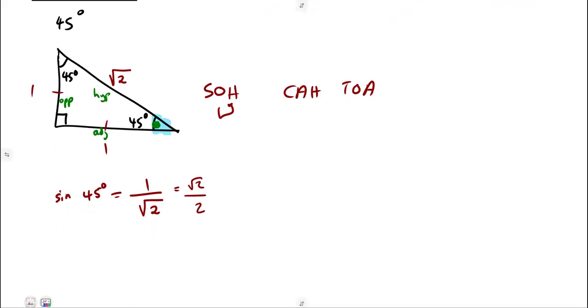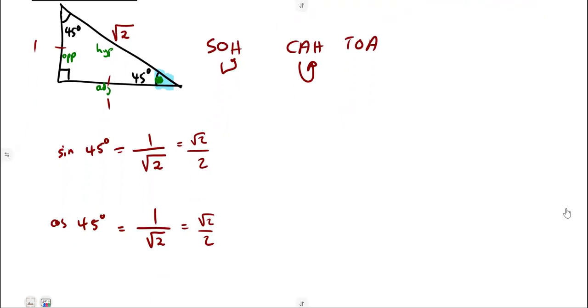The sine of 45 and the cos of 45 are going to give us the same answer. Cos is adjacent over hypotenuse, our adjacent is 1, hypotenuse is the square root of 2. So it's one and the same, square root of 2 over 2. Then we also have the tan of 45 degrees, from the ratio of a tan, which is opposite over adjacent.